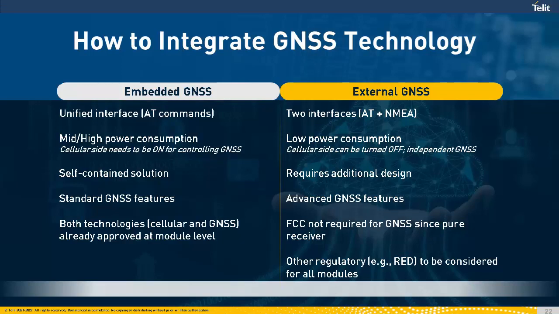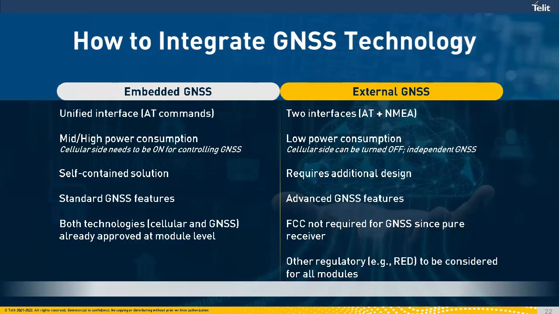It has a mid to high power consumption because the cellular part usually needs to be on for controlling and keeping the GNSS active. But it is also a self-contained solution. It offers all the standard GNSS features, and all the technologies, both cellular and GNSS, are already approved in the same module. So for your application, the integration into your final product is smoother.